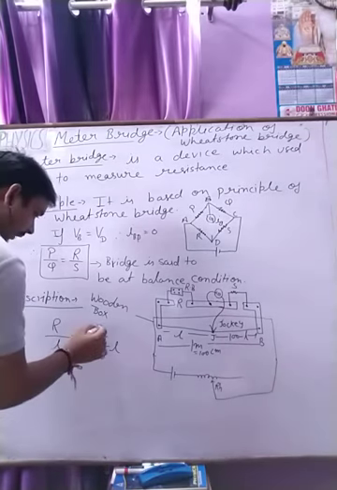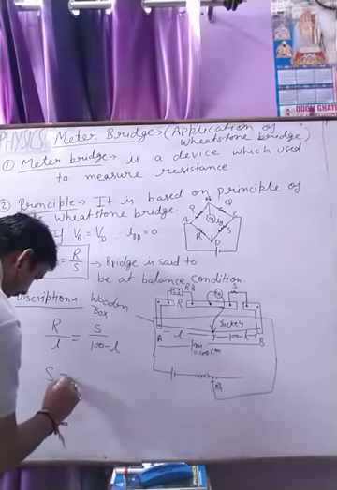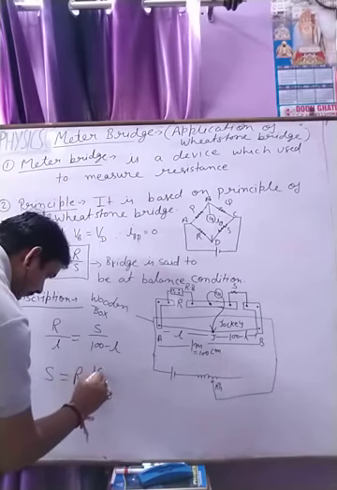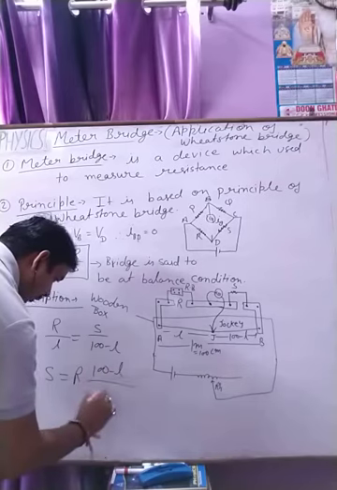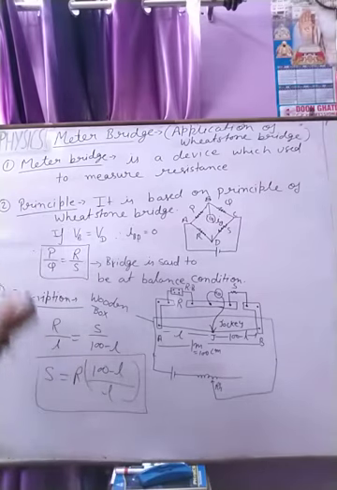Then we calculate the unknown resistance as S equal to R into 100 minus L upon L.